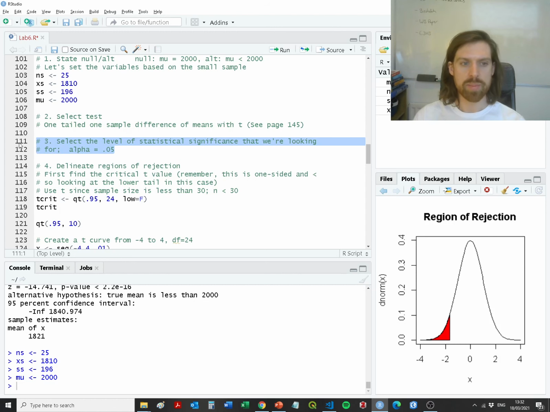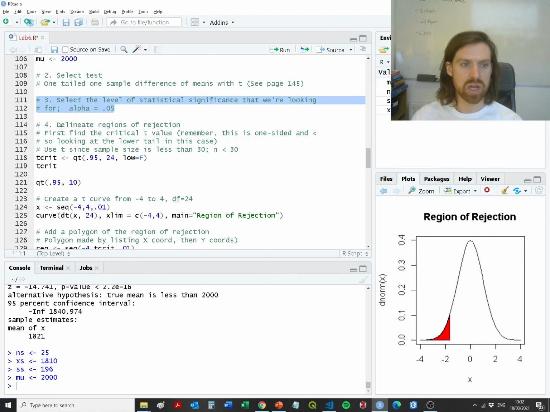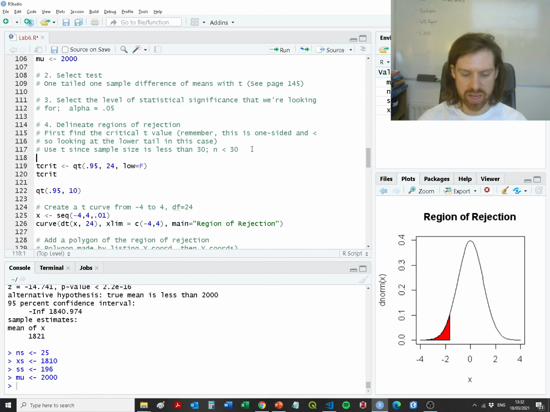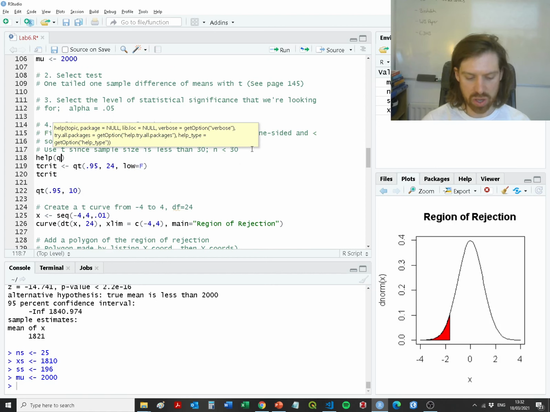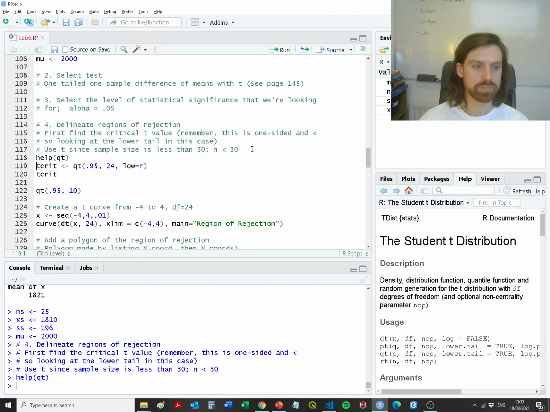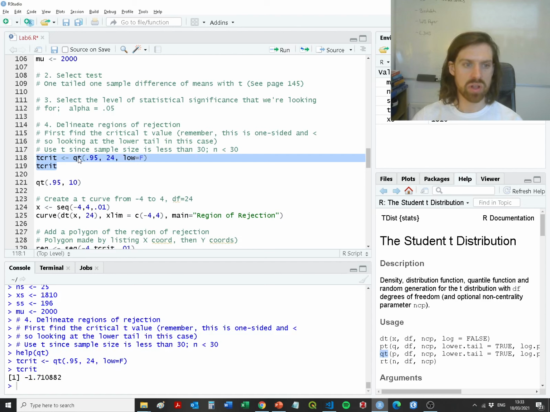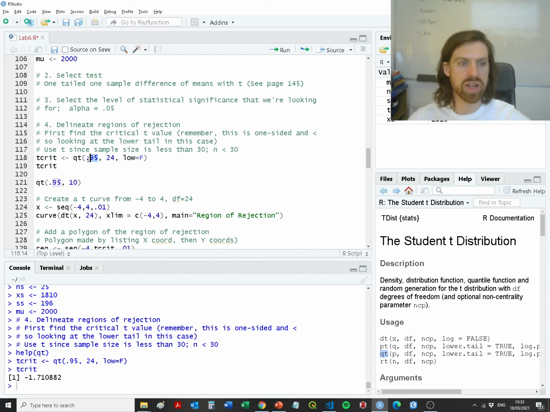We are going to use the same alpha value of 0.05, but we therefore need to delineate our regions of rejection, okay, so we can use the quantile function here for the student's t-distribution. We can essentially enter the values that we have, so we want to be working at a 95% confidence rate.